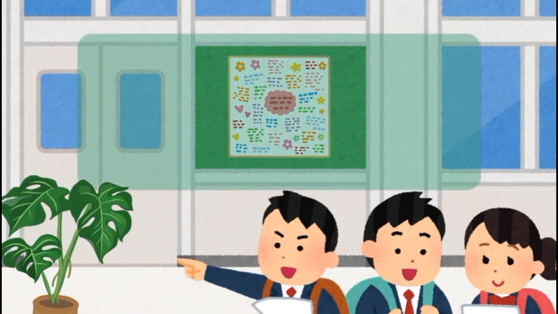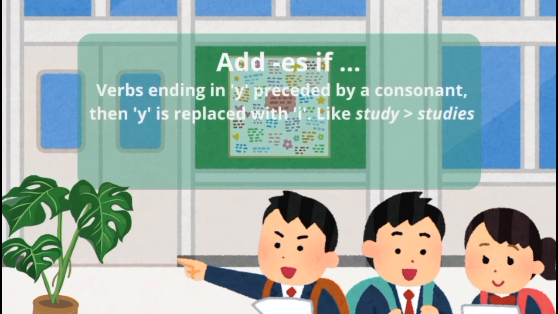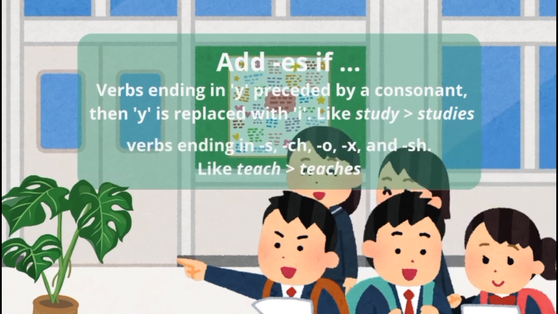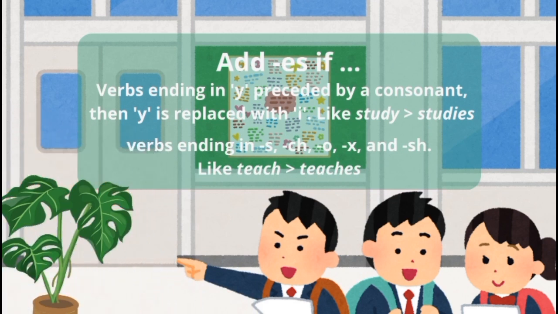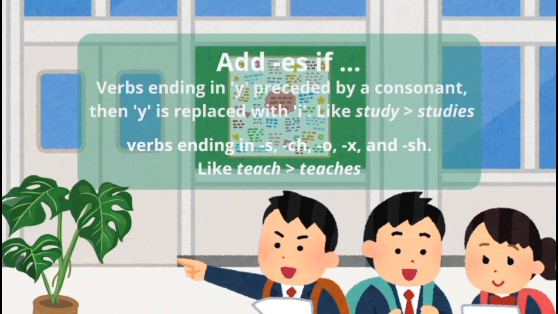Here are some of the rules. We add es if first, verbs ending in y preceded by a consonant, then y is replaced with i, like study to studies. Second, verbs ending in s, ch, o, x, and sh, like teach to teaches.